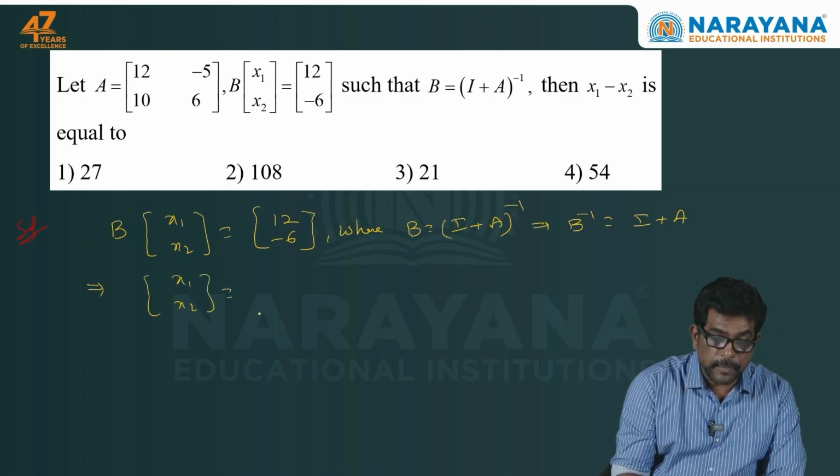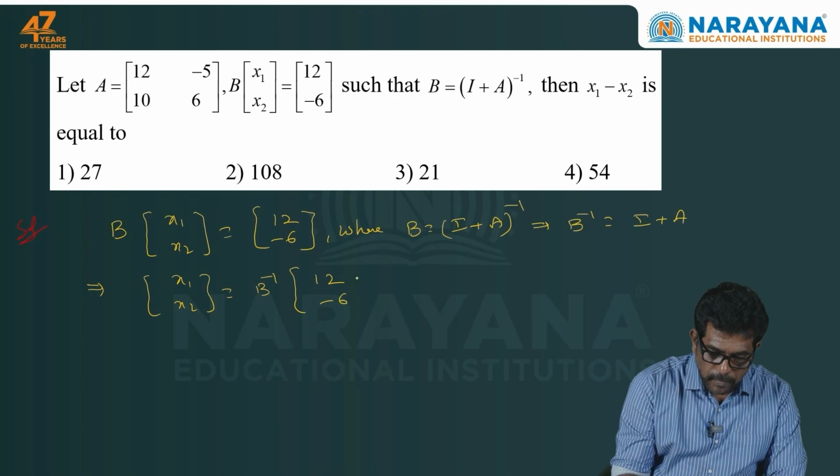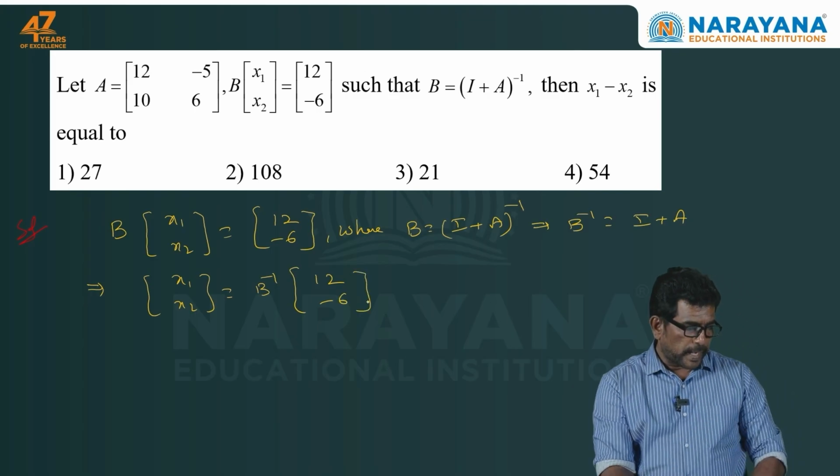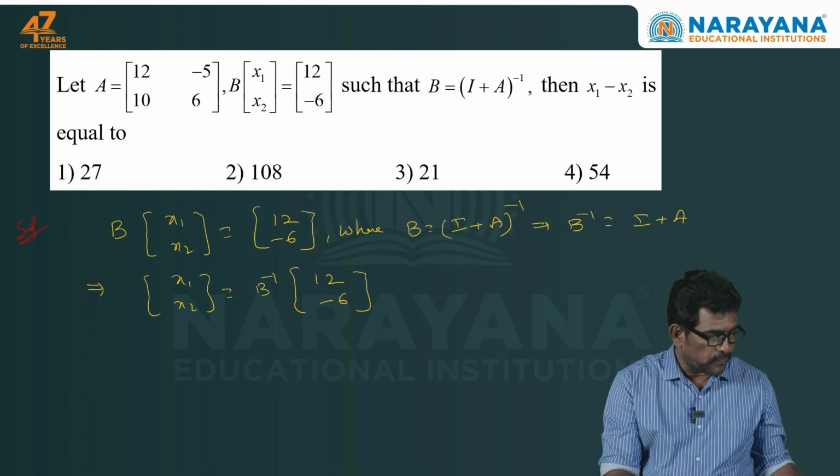So from this, x1, x2 is equal, I am going to pre-multiply with B inverse. Here we get B inverse into 12 minus 6. Now we are going to simplify this one.